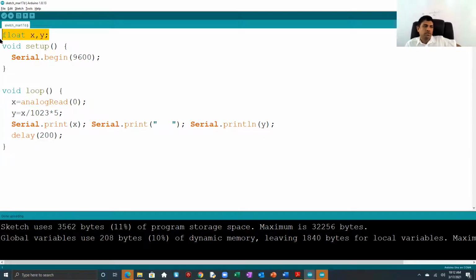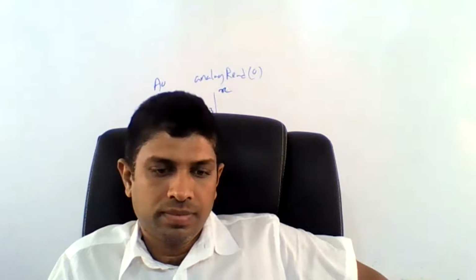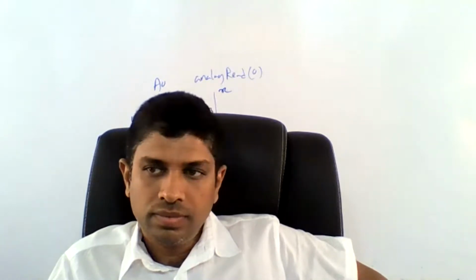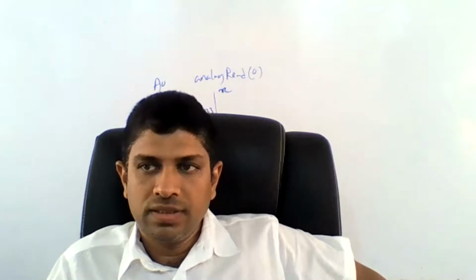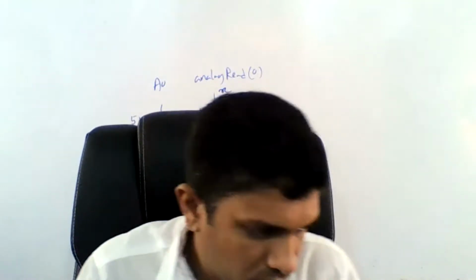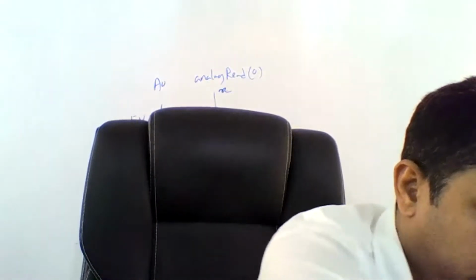If you are using division, you have to use float. One more thing, you can remember the variable resistor.